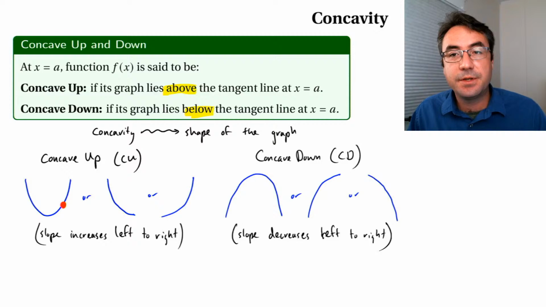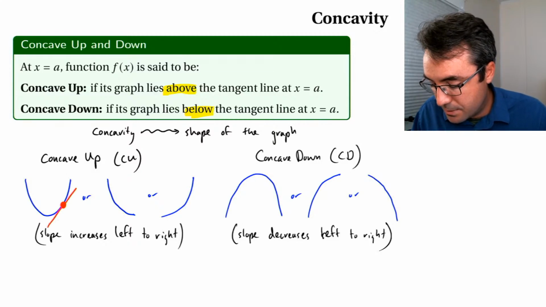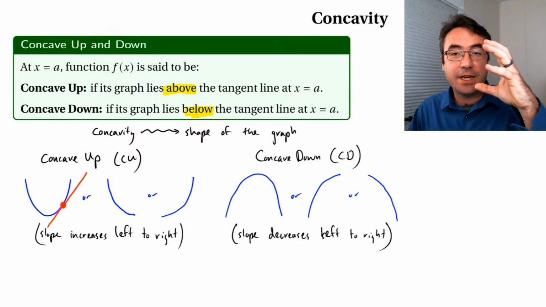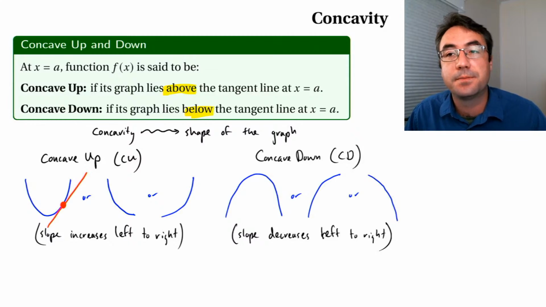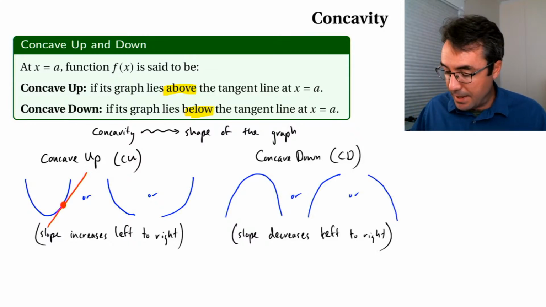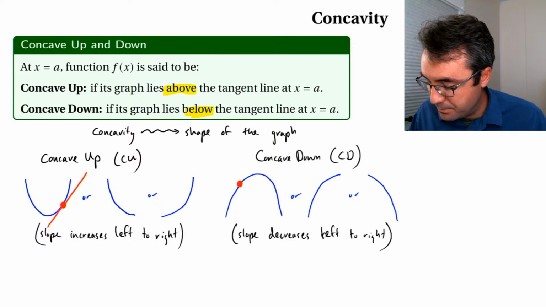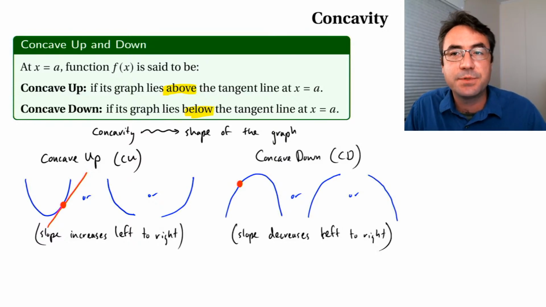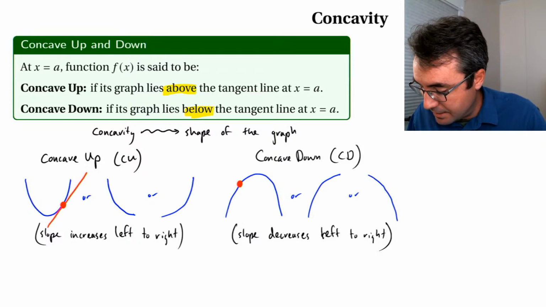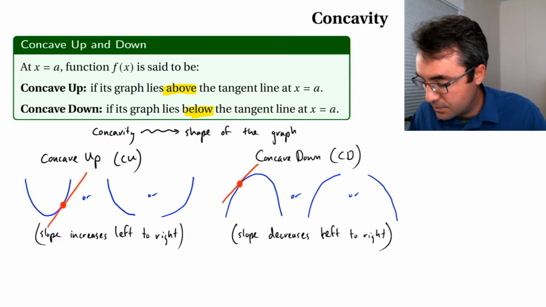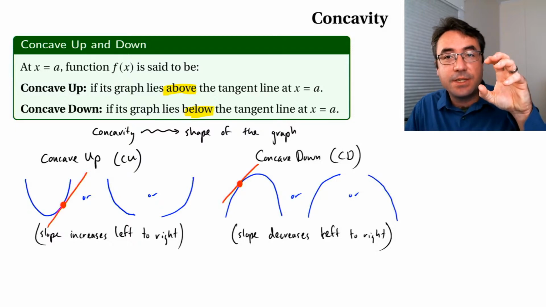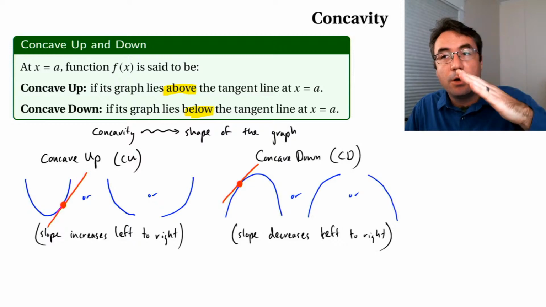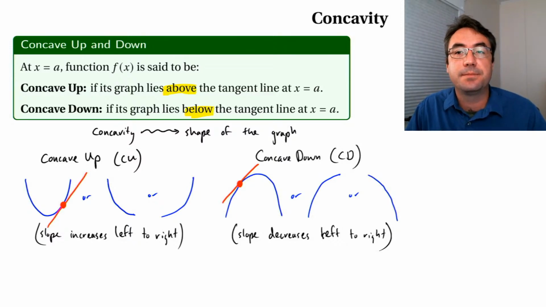If I were to draw in the tangent line at that point, I notice that the section of curve, my actual graph, is above the tangent line right around that point. Now, if I were to do something for the concave down shape, pick any point on those concave down shapes and draw in a tangent line, so maybe something like that, I'd see right around that point of tangency, the graph is below the tangent line.